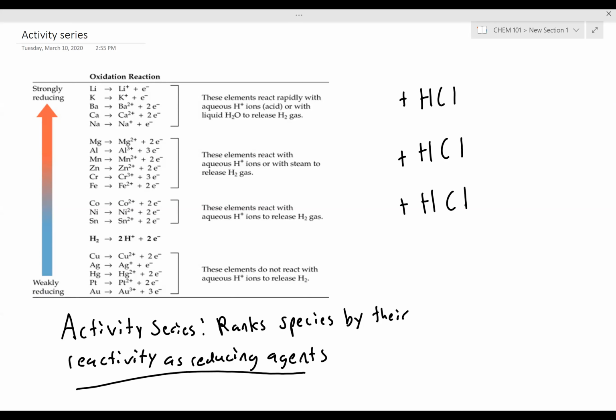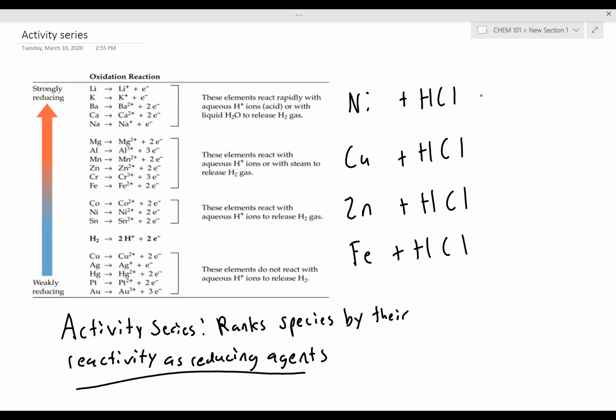What metals are we reacting with hydrochloric acid? There's a list. Yep, nickel, copper, zinc, iron, yep, aluminum, magnesium, etc. Okay, so let's take a look at these examples.